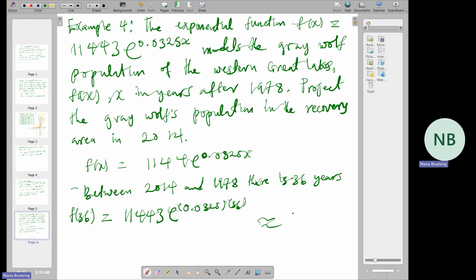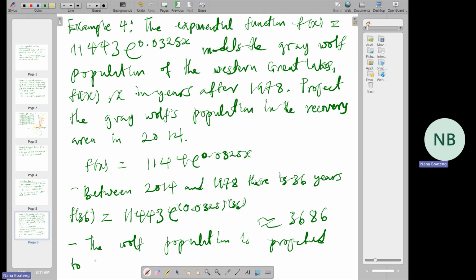If we evaluate this, it will be approximately 3686. So the wolf population in 2014 is projected to be 3,686.